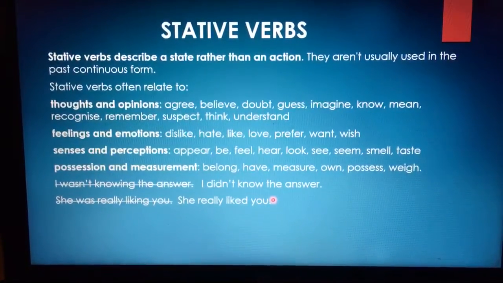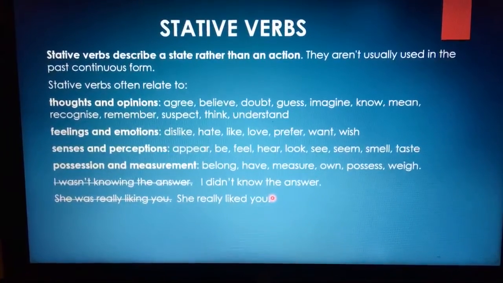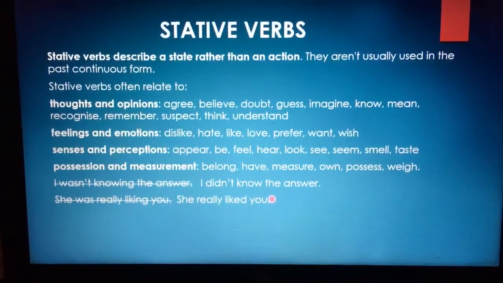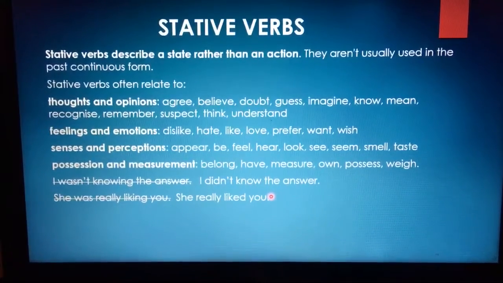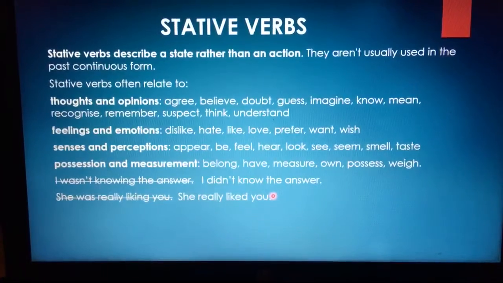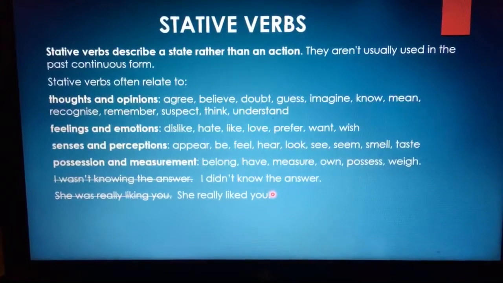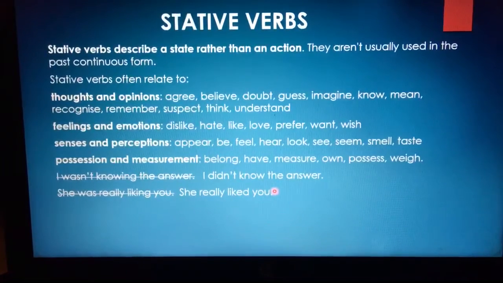Another case is for stative verbs related to feelings and emotions: dislike, hate, like, love, prefer, want, or wish. Again, these are not actions per se. They are more related to feelings and emotions.